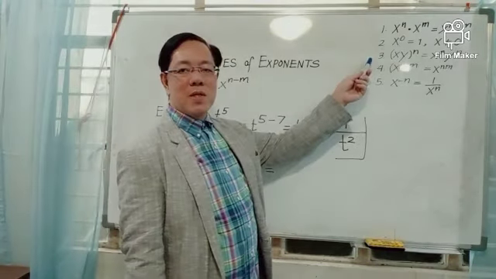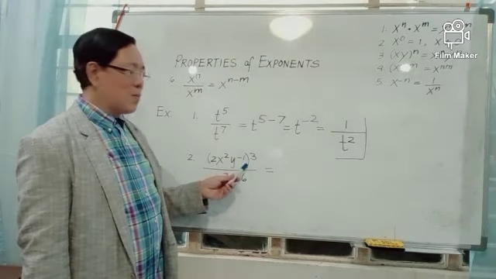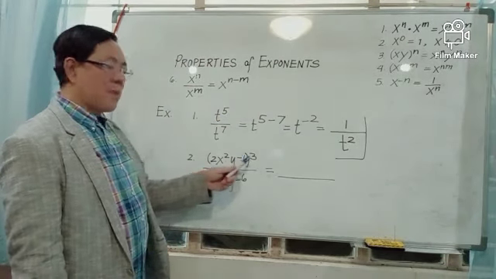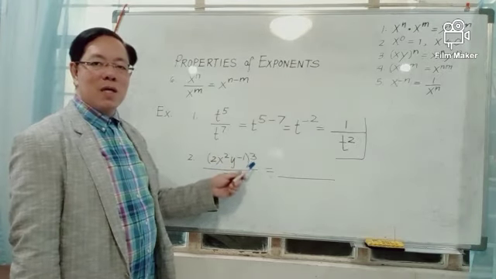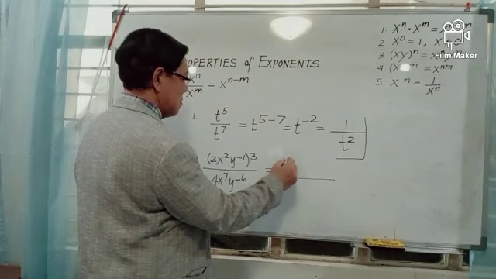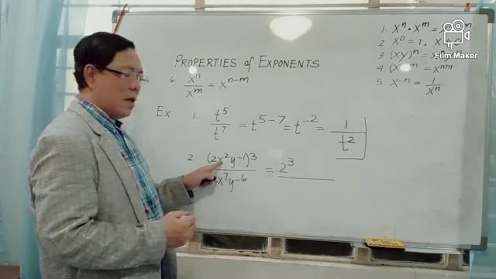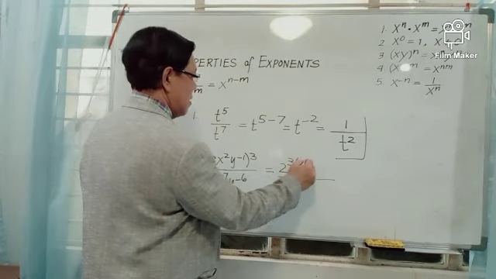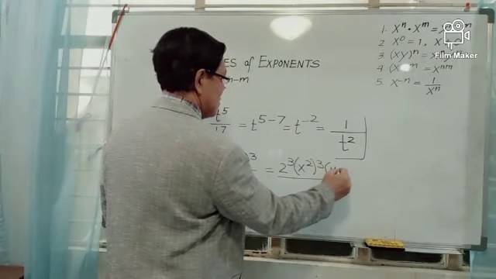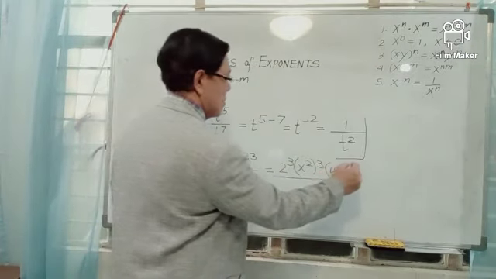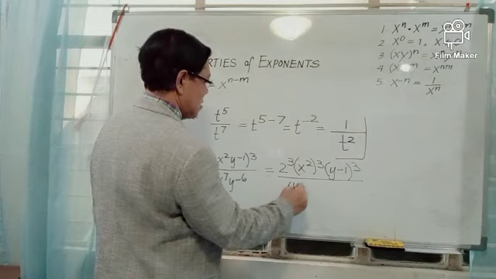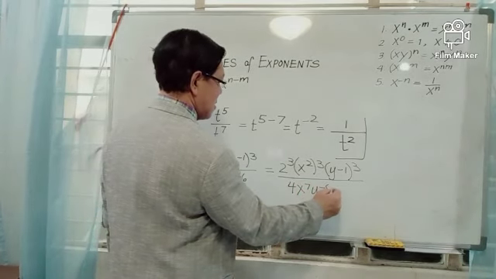By the 3rd property of exponents, 2x squared y to the negative 1, all to the power 3, is equal to 2 to the power 3 multiplied by x squared to the power 3 multiplied by y to the negative 1 to the power 3, divided by the denominator 4x to the 7, y to the negative 6.